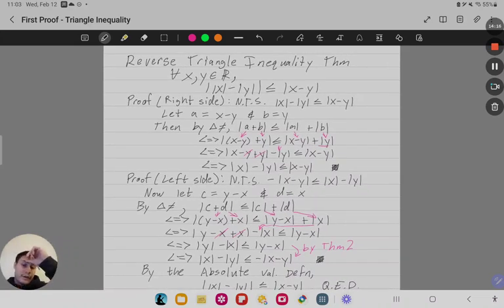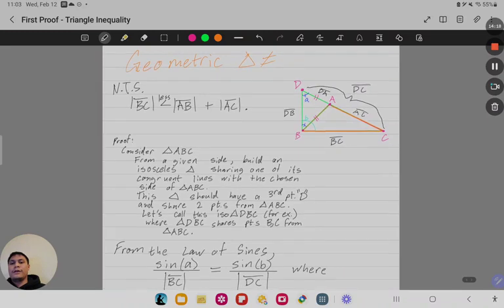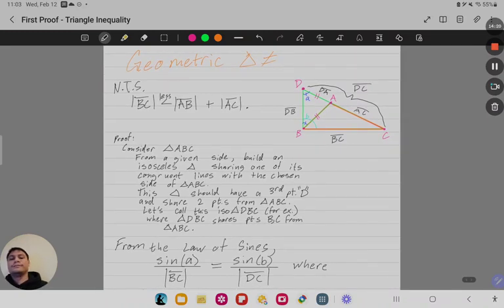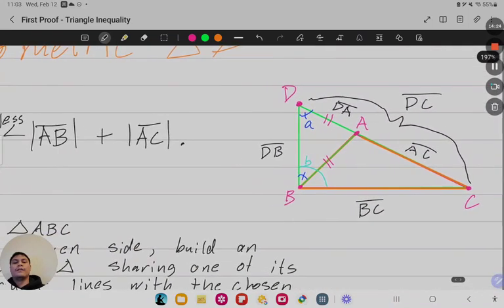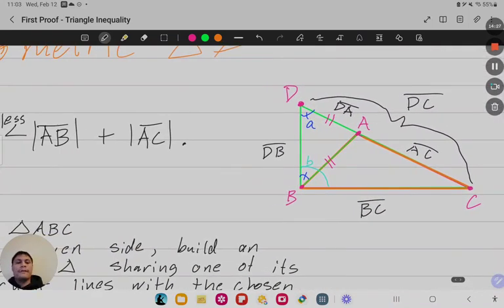Now let's take a look at the geometric triangle inequality theorem. So, if we have a triangle, let's call it ABC. It's this orange triangle here.